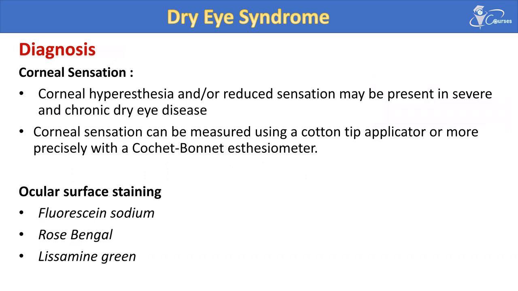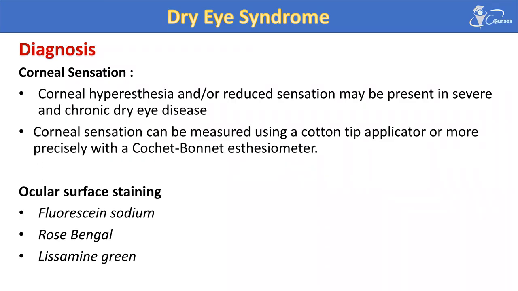First of all, those patients have abnormal corneal sensation. This can be hyperesthesia, increased sensation, or reduced sensation. This may be the reason why they have reduced tear production and reduced blink rate, because corneal sensation is very essential for tear production and blinking.